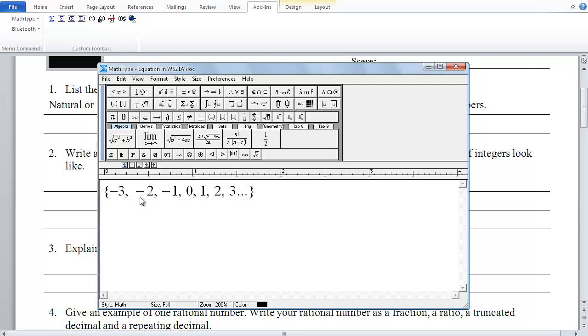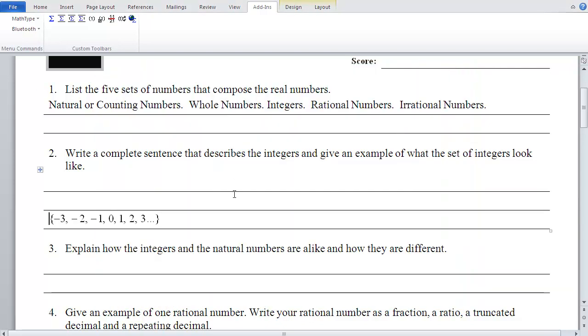So those are the set of integers. So let's close that. And so an example for the set of integers is the number set. There we go.